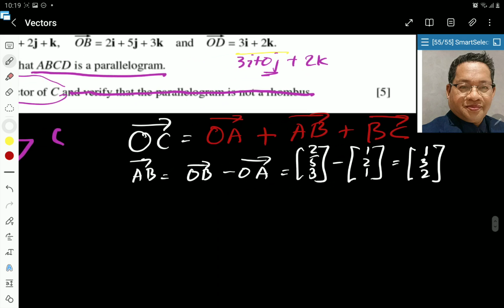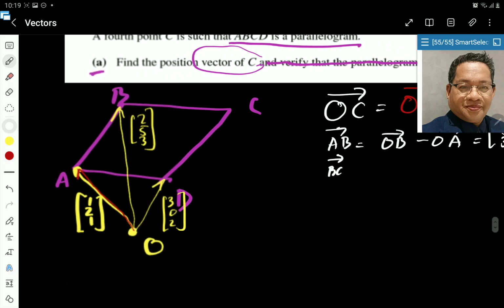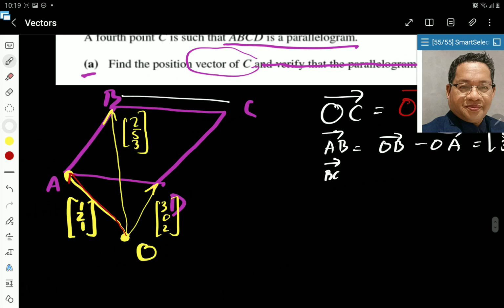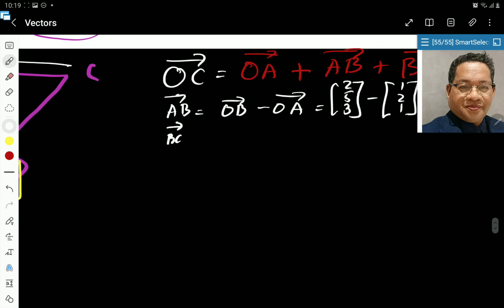And then we need BC. But take a look, this BC is parallel to AD. So since BC is parallel to AD, we can solve AD, which is equal to OD minus OA.